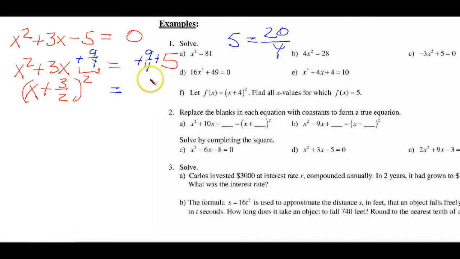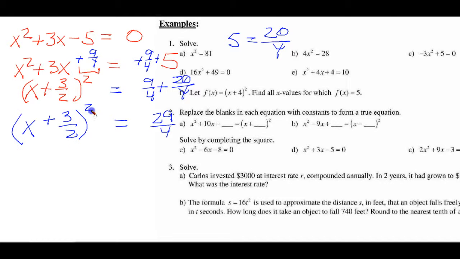So we then have 9/4 plus 20/4, which will give us 29/4. So we are here, x plus 3 halves, the quantity squared. This was the little tricky part.